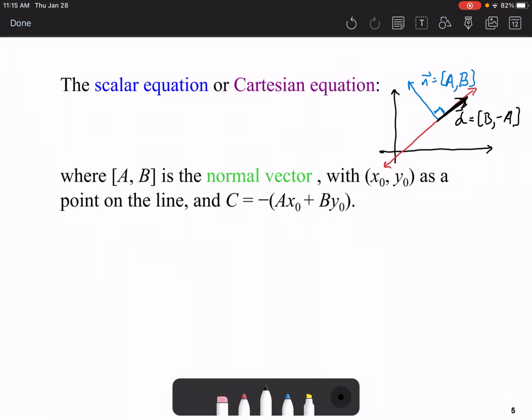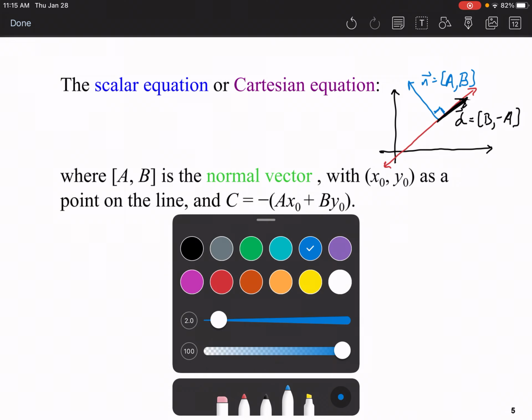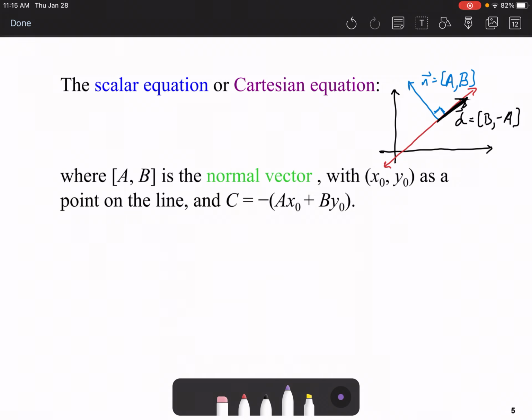So a Cartesian equation, this is where we're going to get, or a scalar equation, also means the same thing, is given by Ax + By + C = 0, where these values of capital A and capital B are actually the normal of this line.